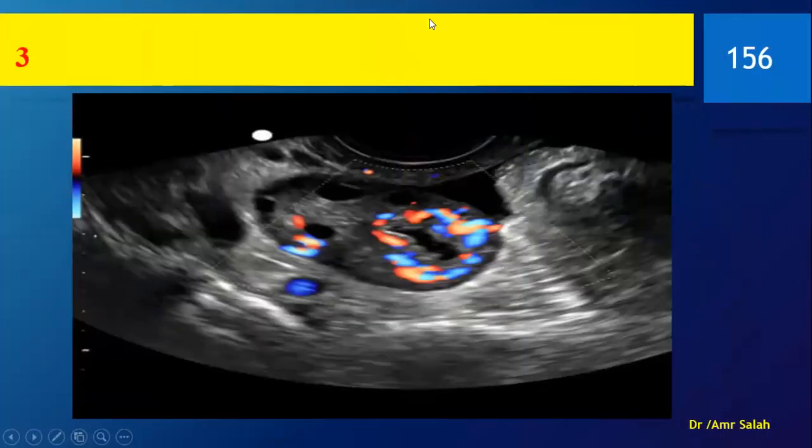I see an ovary here, and inside it I see this lesion that has a vascular ring around. This is the corpus luteum with ring of fire.